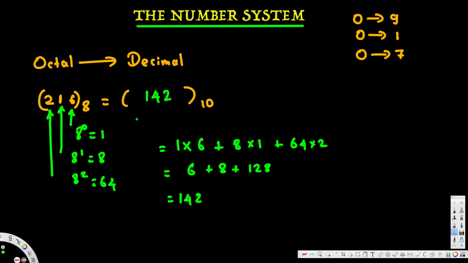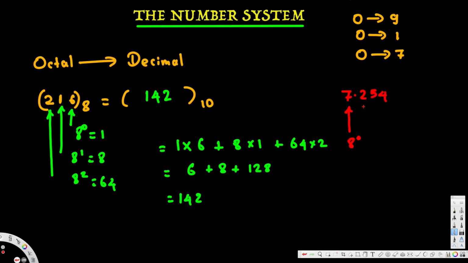Okay, so this is one of the examples. Now let's look at another example with a decimal point. Let's say we have the number 7.254. We know that this is 8 power 0, because this is the first number. Going from right to left we increase the power, but after the decimal point we have to decrease the power.